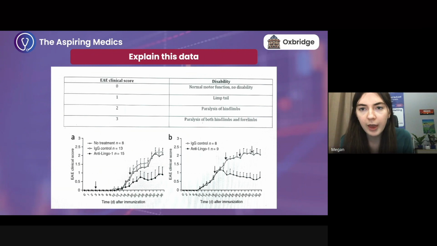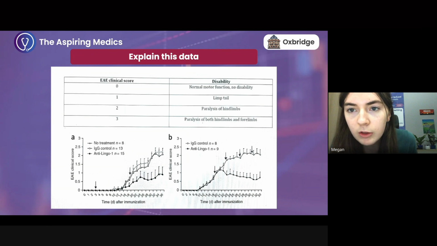So in graph A, we can see that the no treatment has the highest EAE clinical score, because it has the steepest curve from time after immunisation.